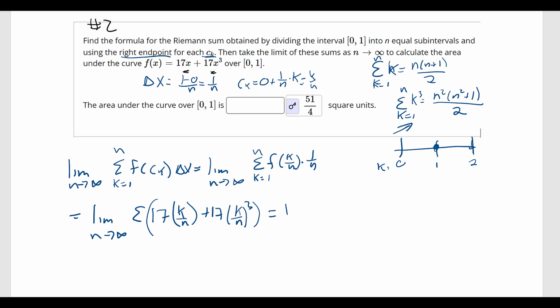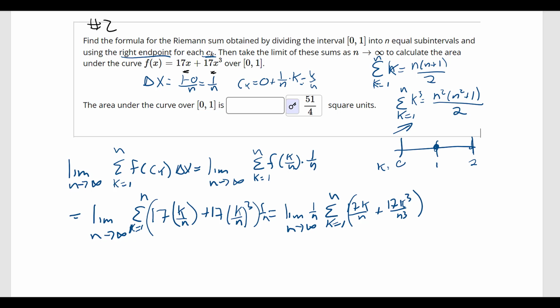So we have the limit as n goes to infinity of the sum as k equals 1 to n of 17k over n plus 17k cubed over n cubed. And I forgot my 1 over n here, but I'm going to just pull that over to this part because it's not affected by the k.